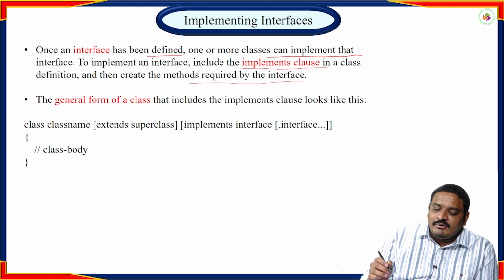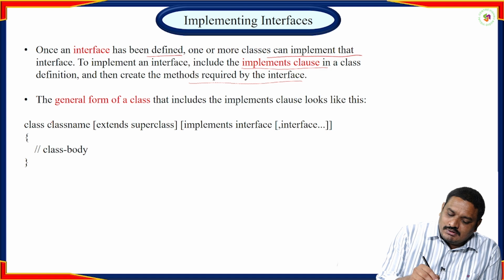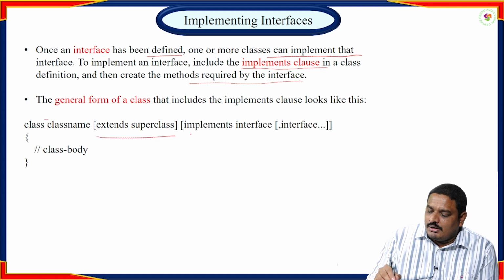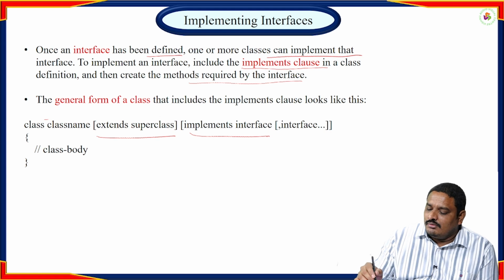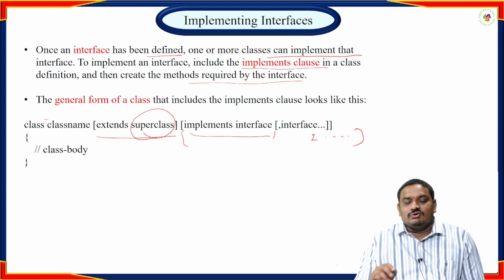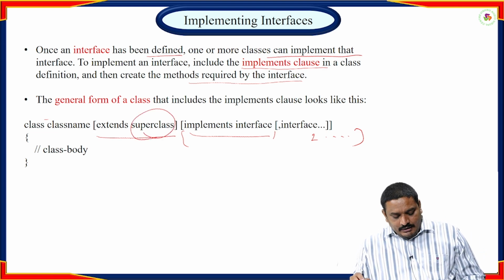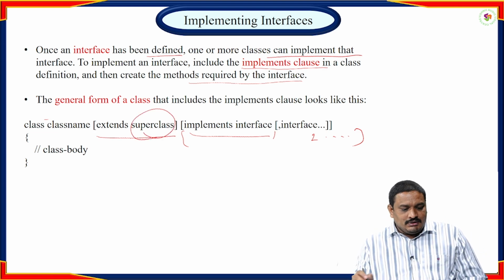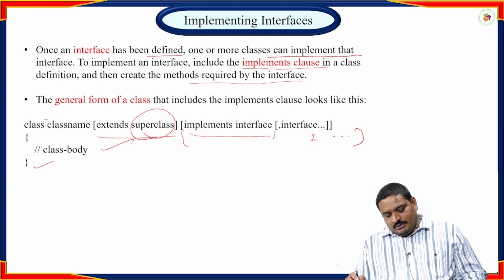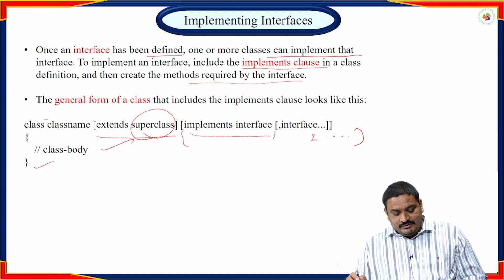The general form of implementing interfaces is: class name can extend the superclass and also implement interface 1, interface 2 and so on. Mainly focus on the superclass, that is the parent class. That is the class body closing the class. That is the syntax for implementing an interface.